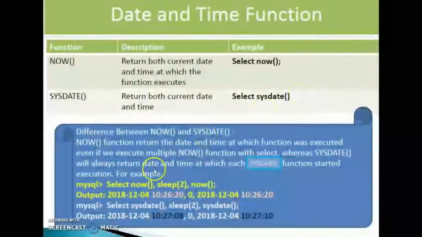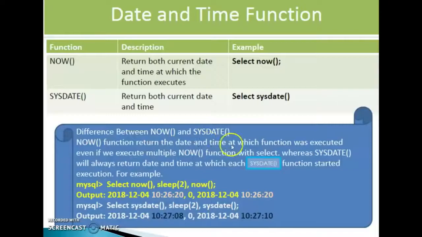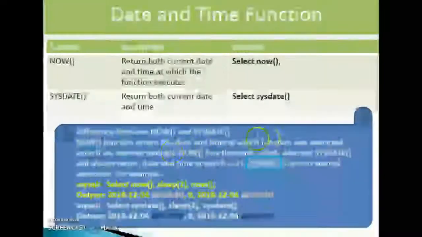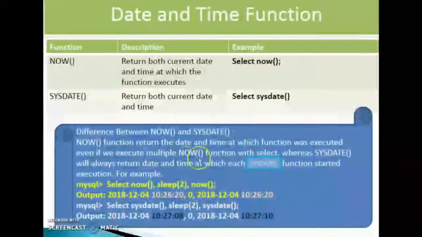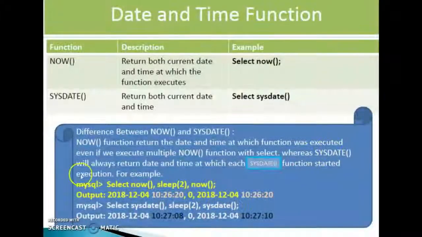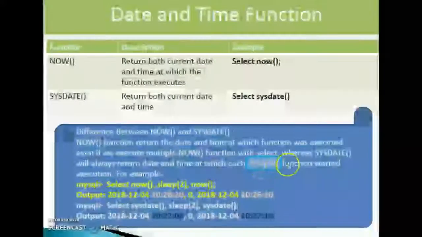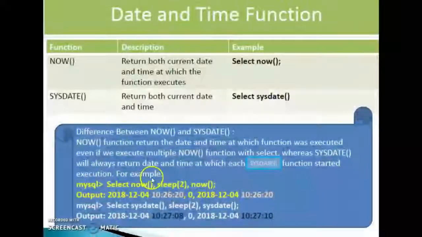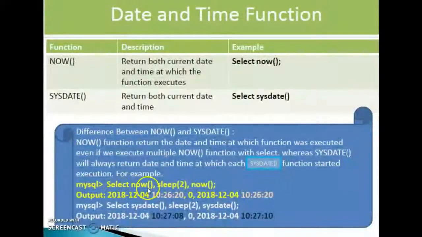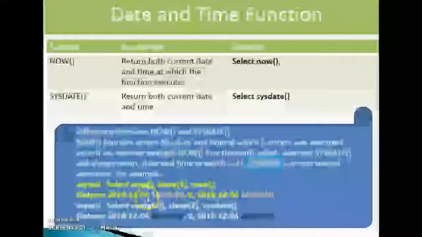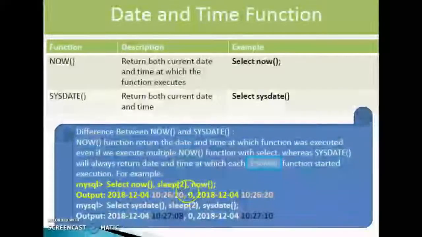Select SYSDATE. What is the difference between NOW and SYSDATE? The NOW function returns the date and time at which the statement started executing, even if we execute multiple NOW functions in a select. Whereas SYSDATE will always return the date and time at which each SYSDATE function started execution. Check this example. Select NOW(), SLEEP(2), NOW().